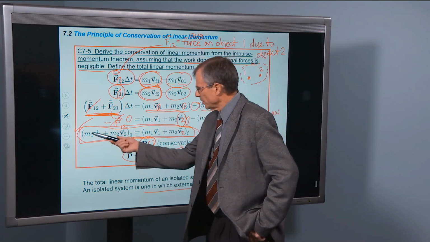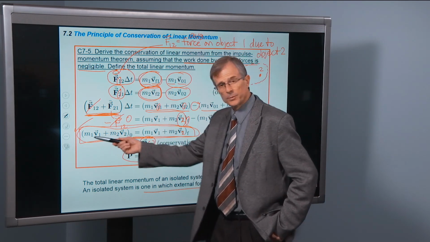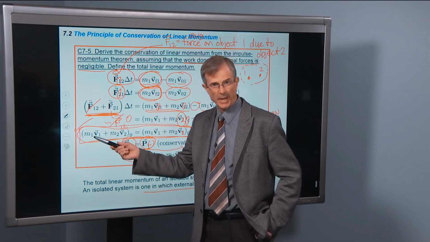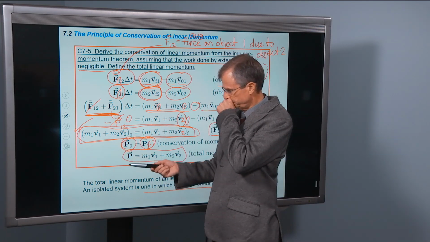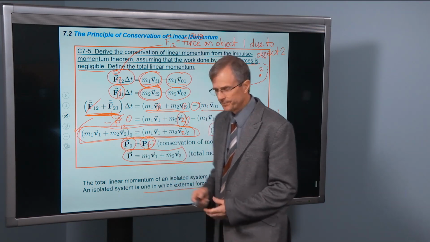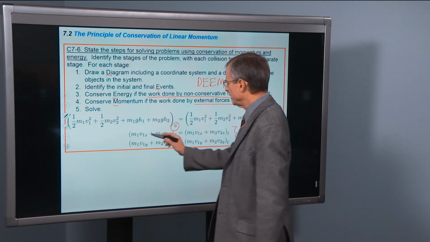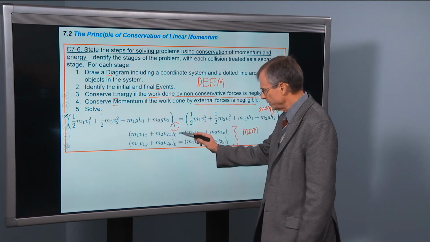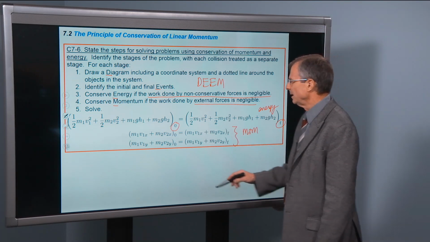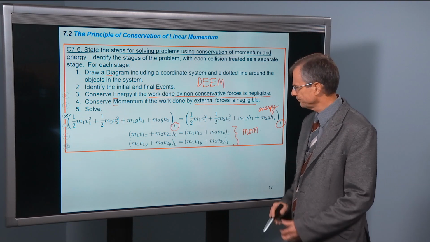But I can always go through and take the x component of every term and then go through and take the y component of every term. So what do we get if we do the x component? m1v1x plus m2v2x initially equals m1v1x plus m2v2x finally. The same thing here for y.